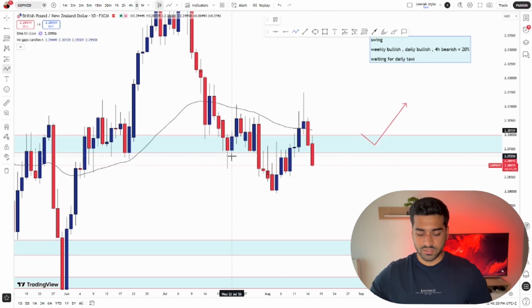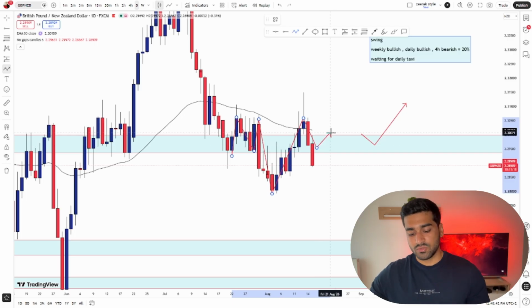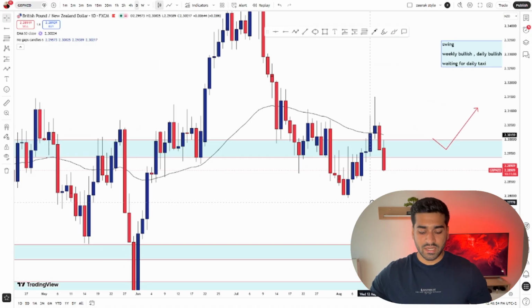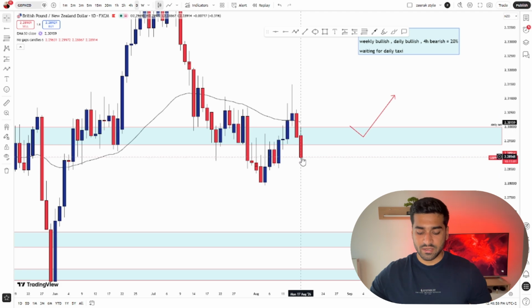From here we were bearish, then lower low, then lower high, and it comes to this area of interest, but it didn't reject. The point is, when we come to the area of interest, it needs to reject, but it didn't. Here I needed an engulfing candlestick, but you can see we are creating a bearish candle. So right now I am not interested in this one, but if here we have some kind of wick and after that an engulfing candlestick, then I will be interested.